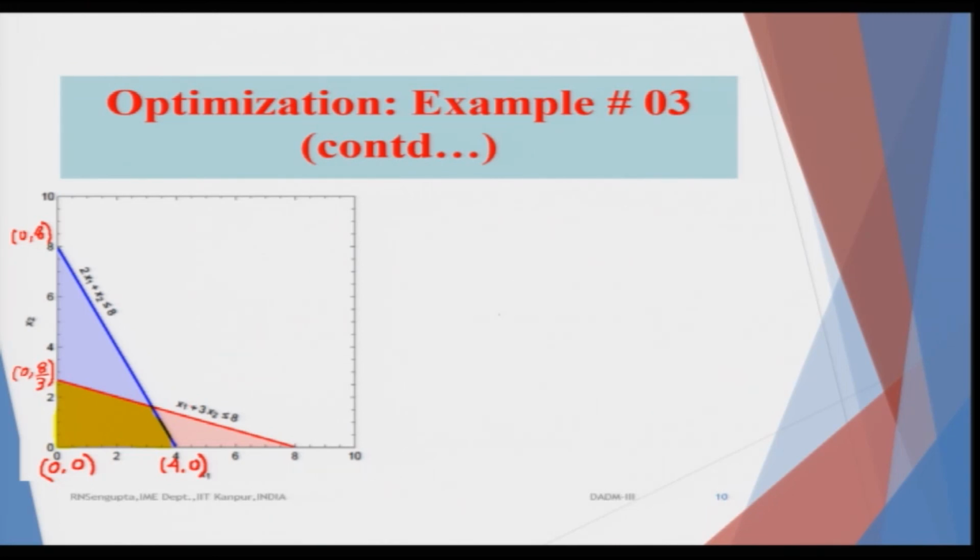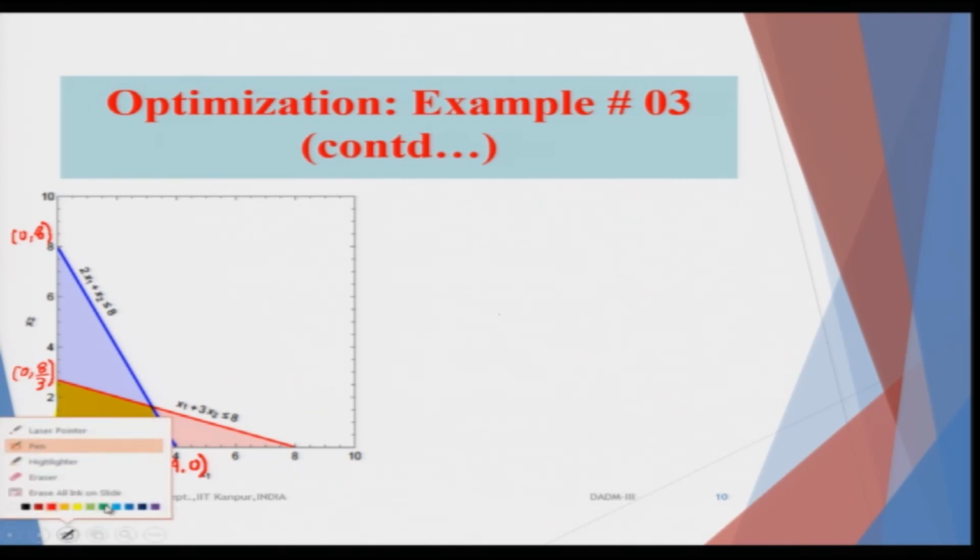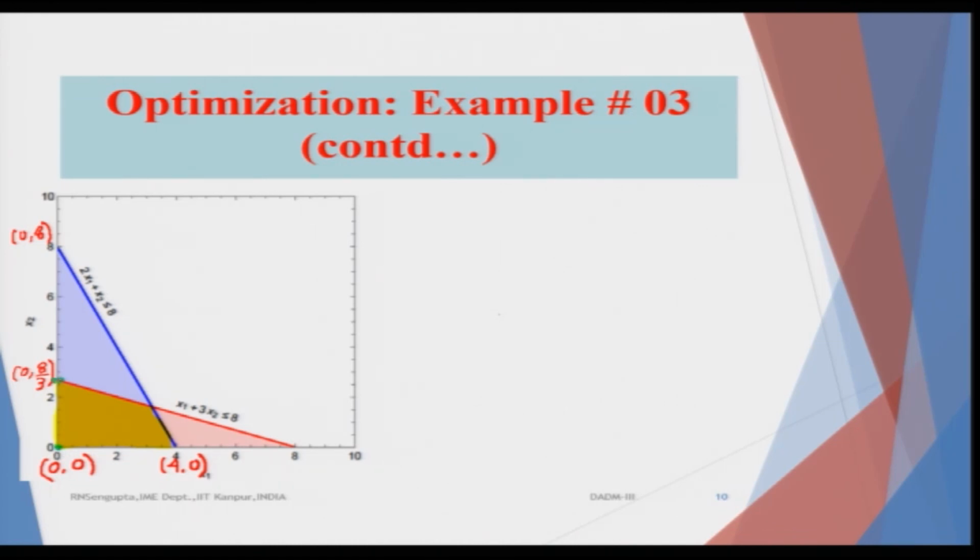So, x1 is 0, yes, 8 by 3. So, this is 0, 0, this is 0, 8 by 3, this is 4, 0, and this point. Let me mark these points.